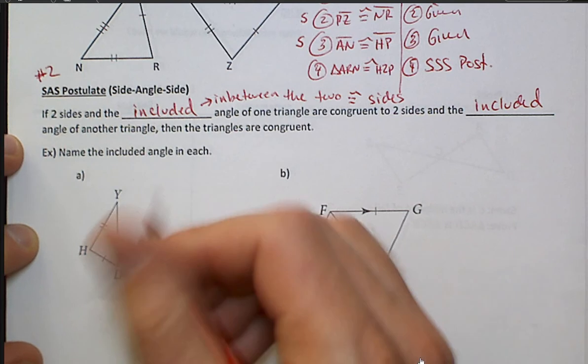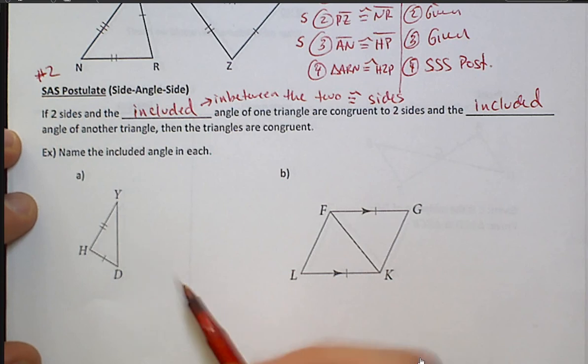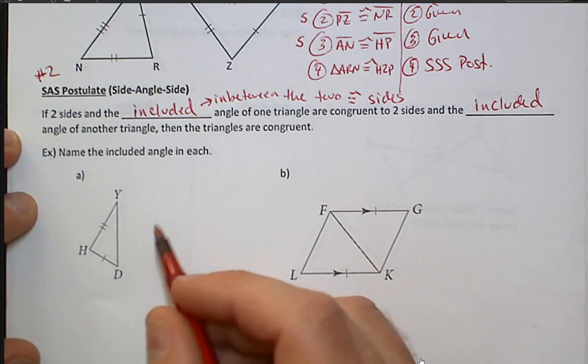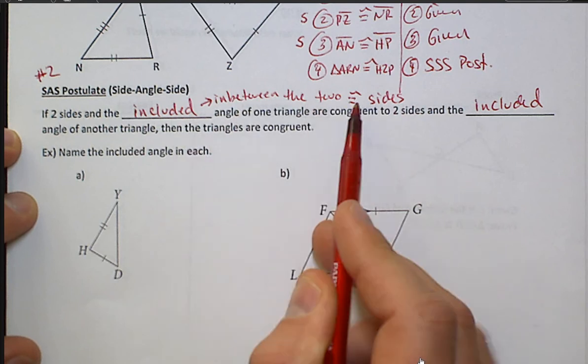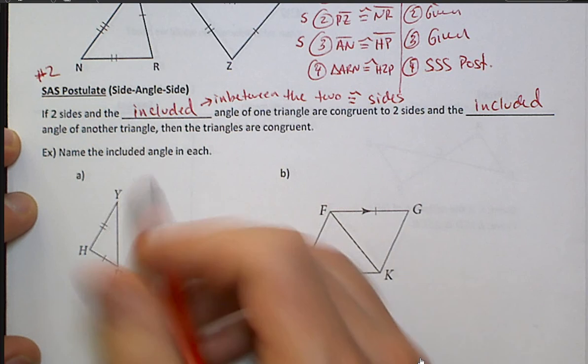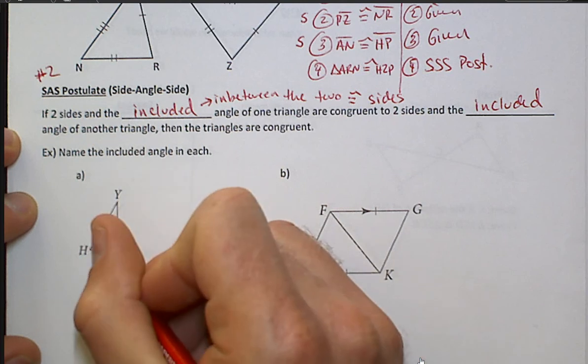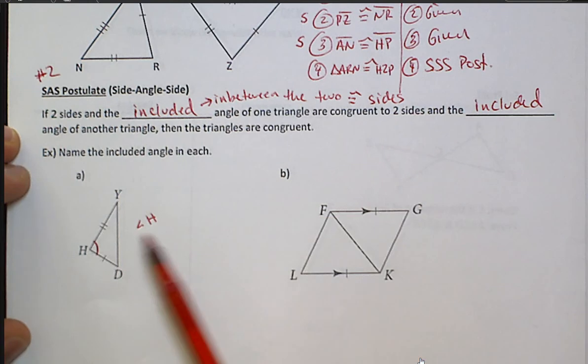Do you see YH and HD? Obviously there's not another triangle here, but when we say the included angle, or the angle in between the 2 congruent sides, here's a congruent side here, here's a congruent side here. We're talking about angle H right here. So angle H would be the included angle because it's in between this.